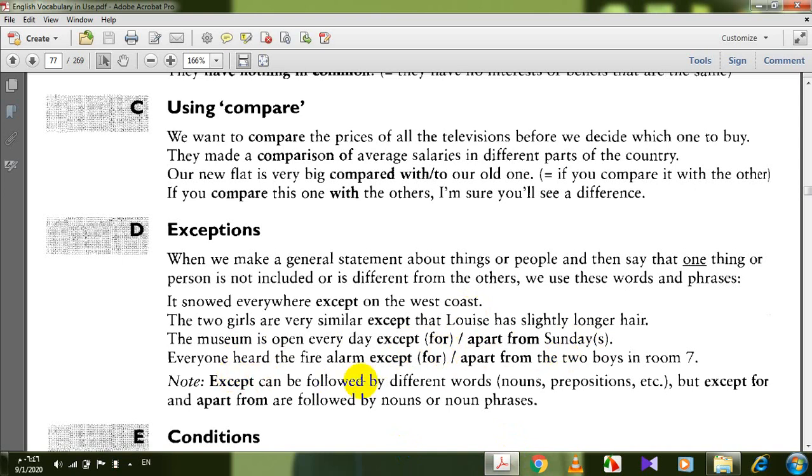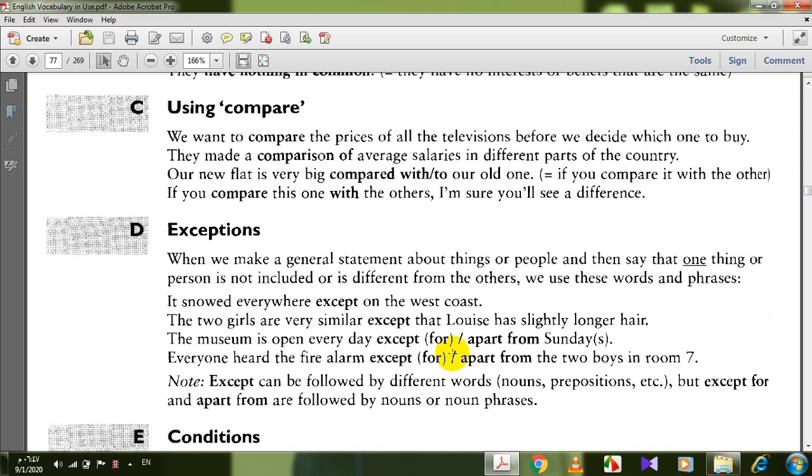Everyone heard the fire alarm except for the two boys in room 7. Or apart from the two boys in room 7. The same: except for or apart from. Notice that except for is followed by a noun.